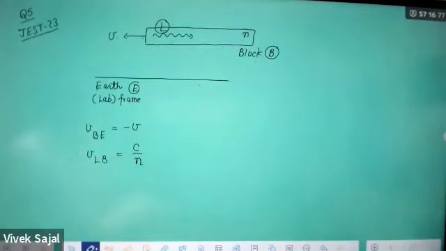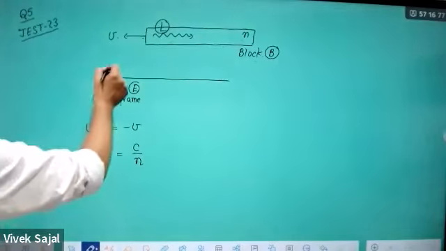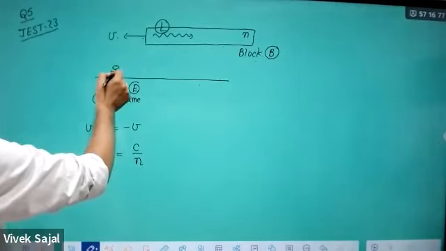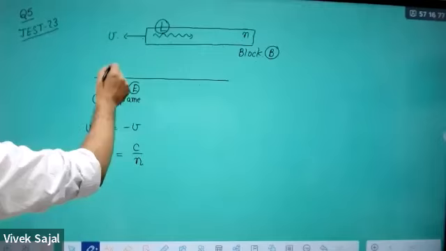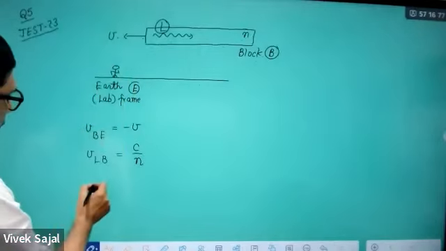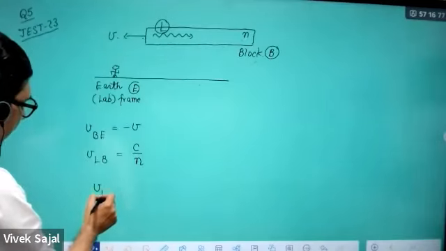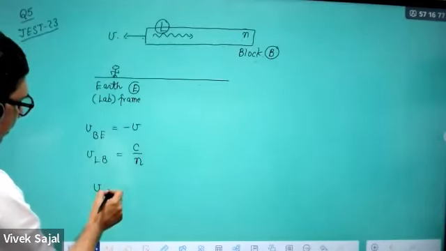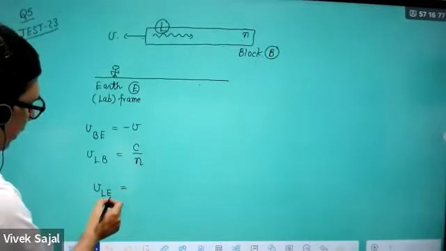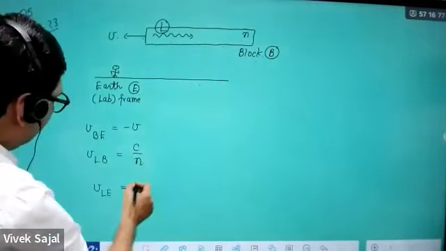Now what do you want to find out? The speed of the light beam in the block as measured by an observer in the laboratory frame. So you want to find out the velocity of the light as observed by this person, that is, the velocity of the light with respect to Earth. Here light is there, Earth is there, block is missing.